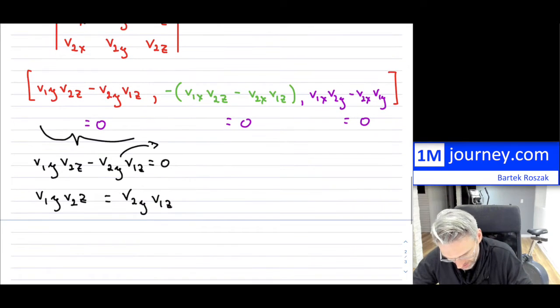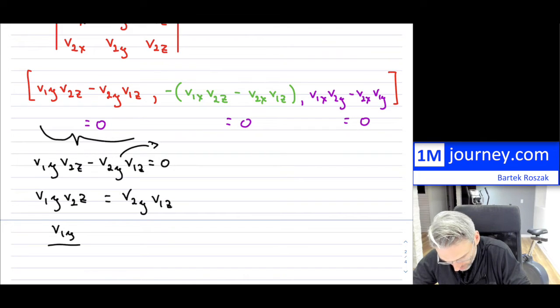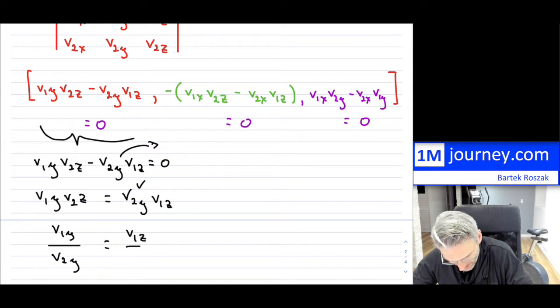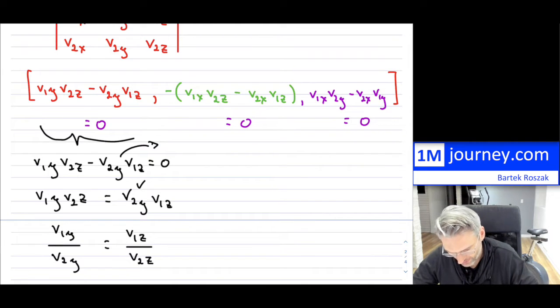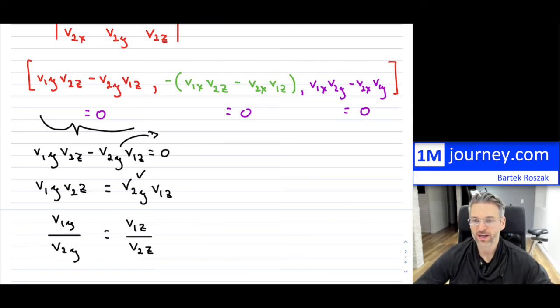And now notice what happens is I can take V1Y all over V2Y, dividing both sides, and then I'm just going to swap, so V1Z all over V2Z. So notice I have a ratio between the Y component and the Z component, and they're equal to each other.